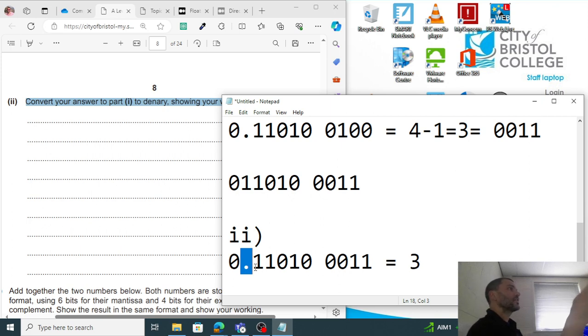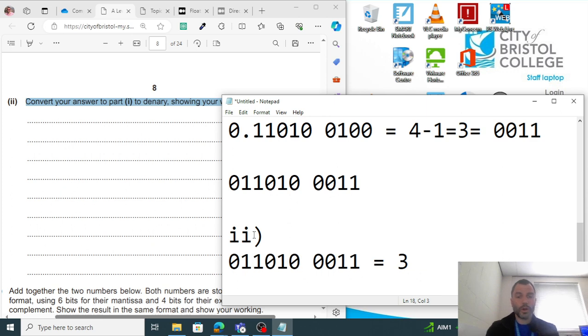Like if you did 9 times 10 to the power of minus 6, then you're going to have a much smaller number, like 6 zeros after the decimal point or something. But if we multiply by a positive exponent, it's going to make it bigger. So we're shifting it to the right. So I'm going to shift that decimal point 1, 2, 3 here.